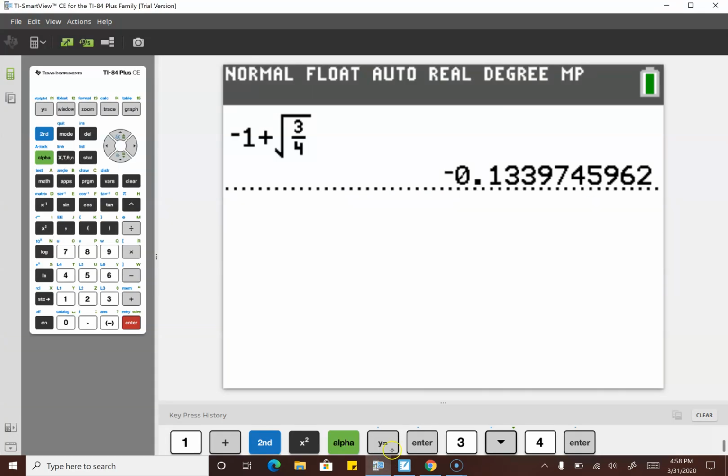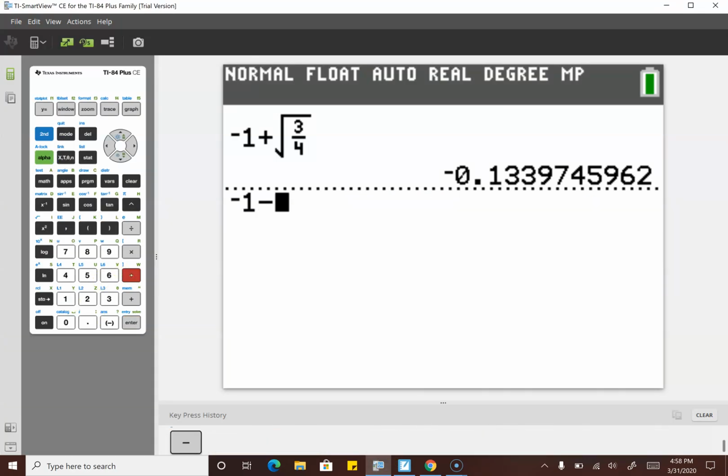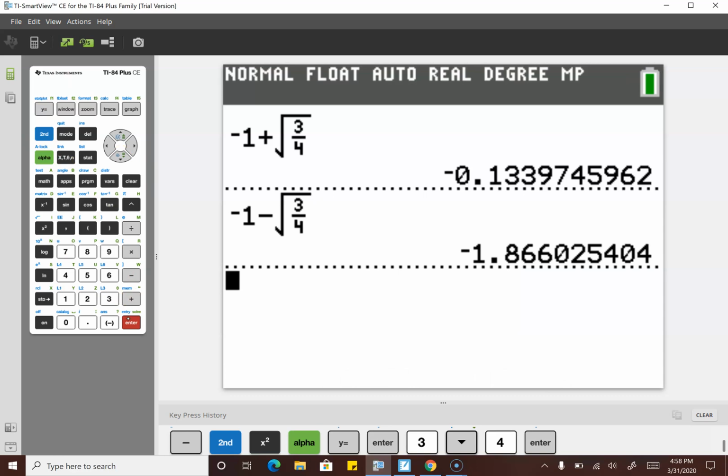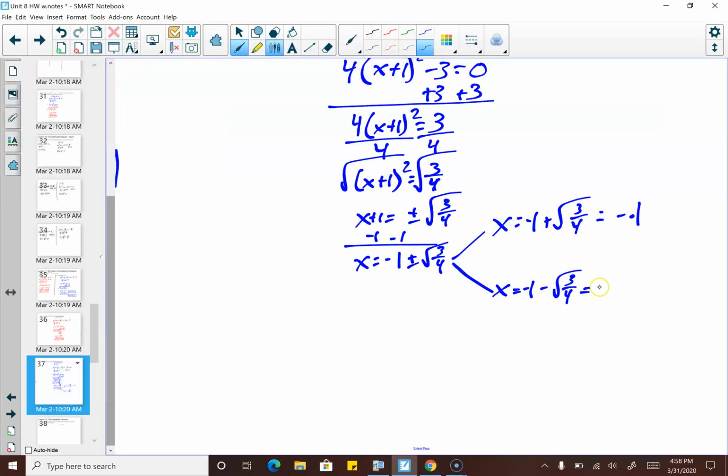And then we're going to put the same thing back in, negative 1, but it's going to be minus square root 3 over 4. And that's going to give us a negative 1.86. So that 6 is going to cause the 8 to round up, and we end up with a negative 1.9. So again, when we have that extra step of needing to round, we just have to separate it with our plus minus, use our calculator, and we're good from there.